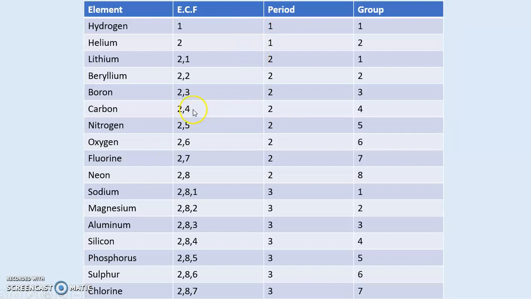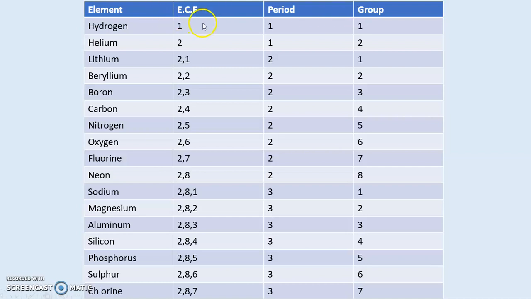Carbon has an atomic number of 6 and occupies 2 shells, thus the period is 2. What the group tells us is the number of electrons on the valence shell, or the last shell, of an atom.